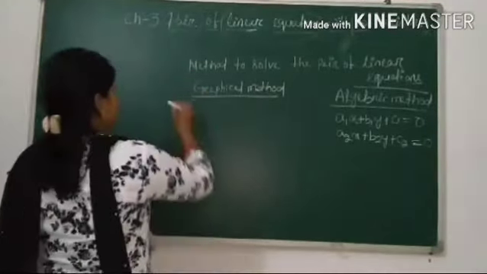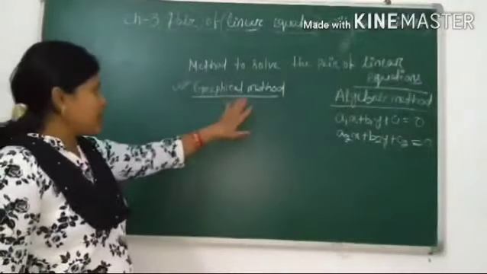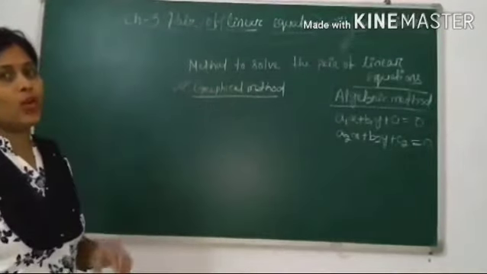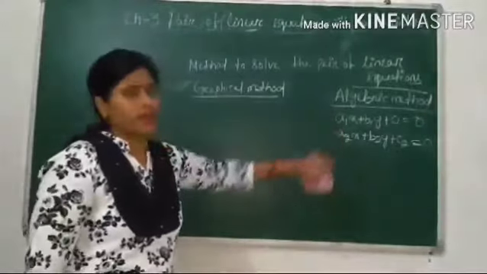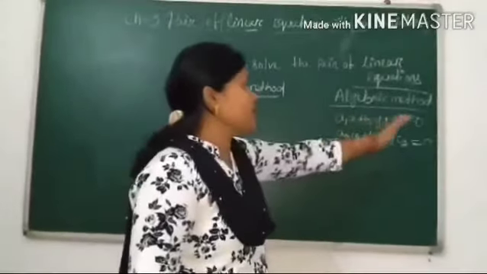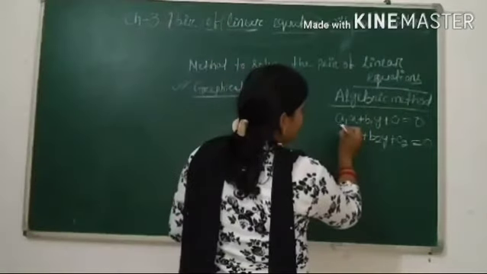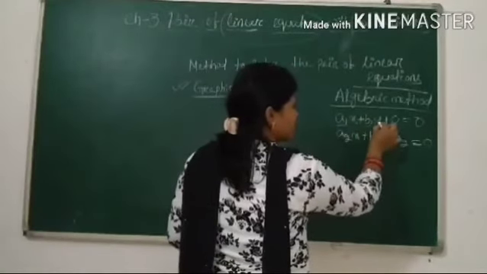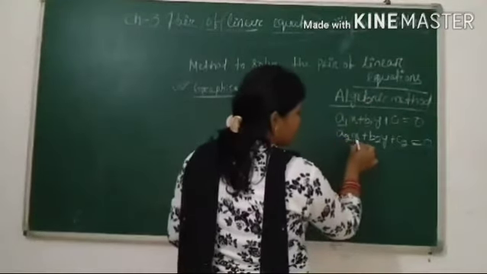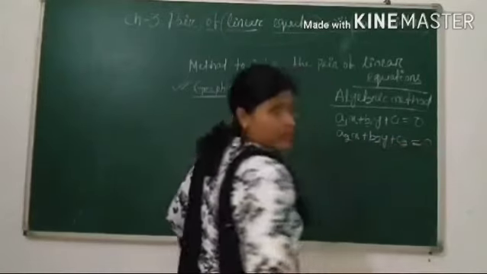First of all, we will discuss the graphical method. Our main motto is you have to compare the coefficients of both the equations. As you know, a1 is the coefficient of x, b1 is the coefficient of y and c1 is a constant, and a2 is the coefficient of x, b2 is the coefficient of y and c2 is a constant.